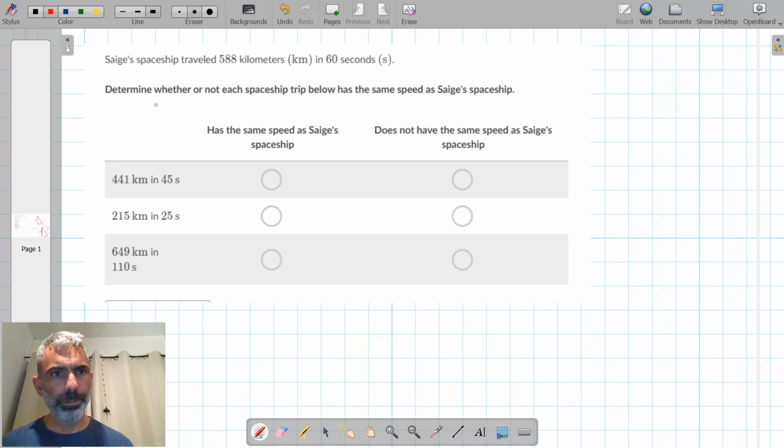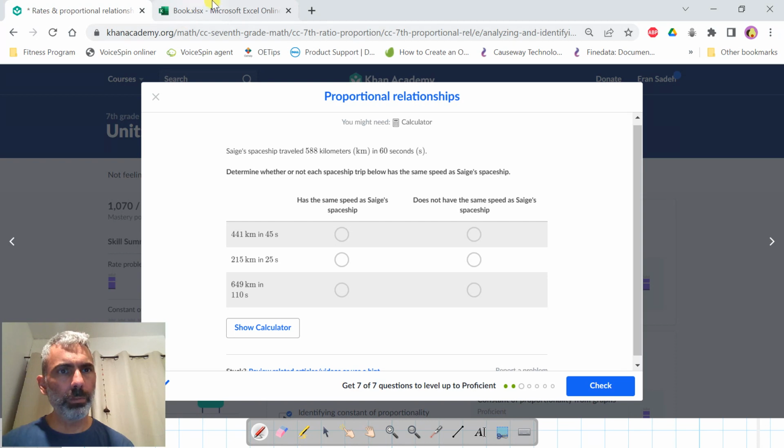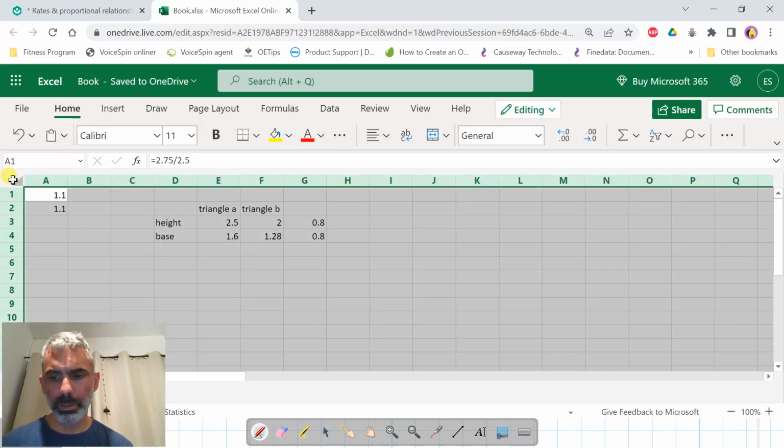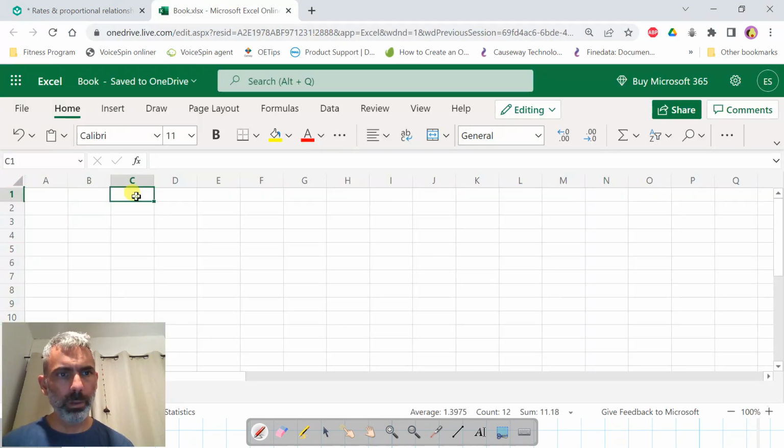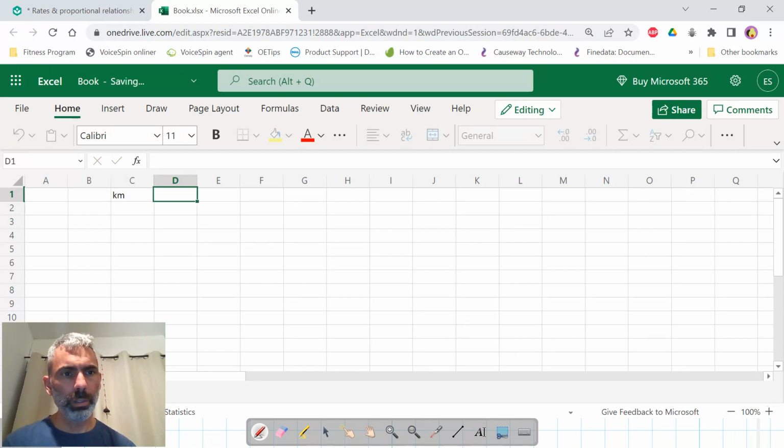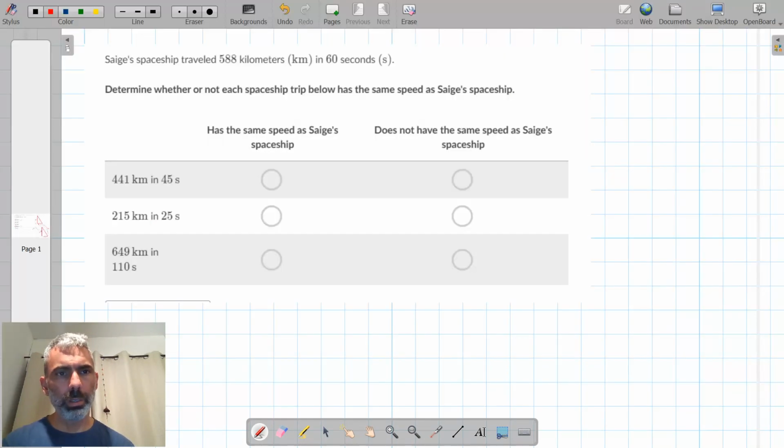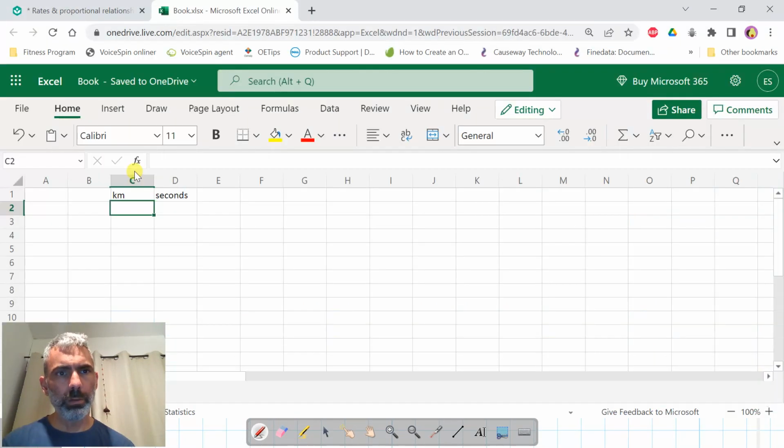Sayge's spaceship traveled 588 kilometers in 60 seconds. Okay, so it travels 588 kilometers in 60 seconds.